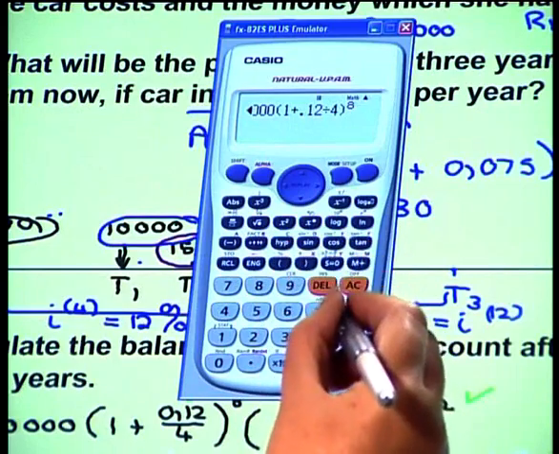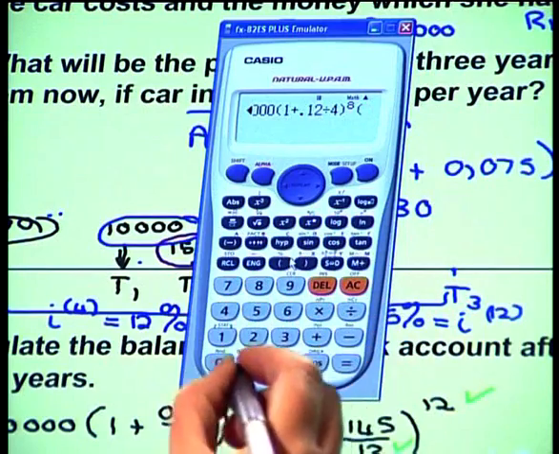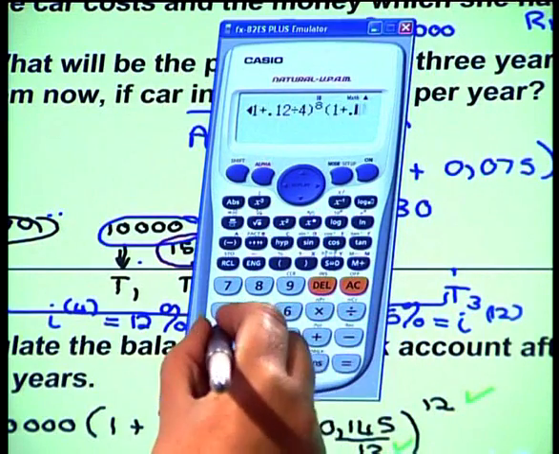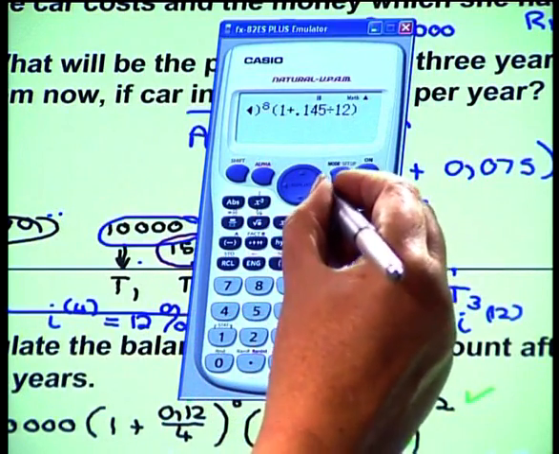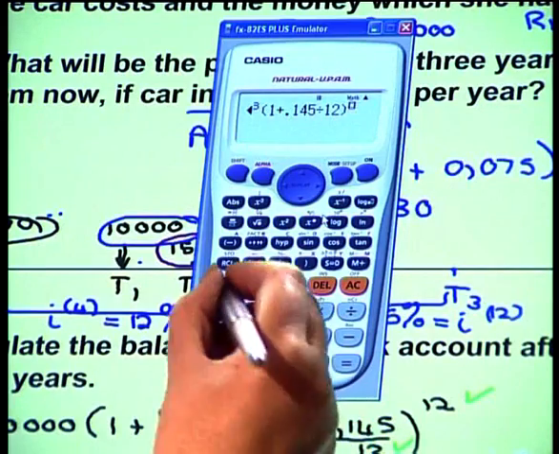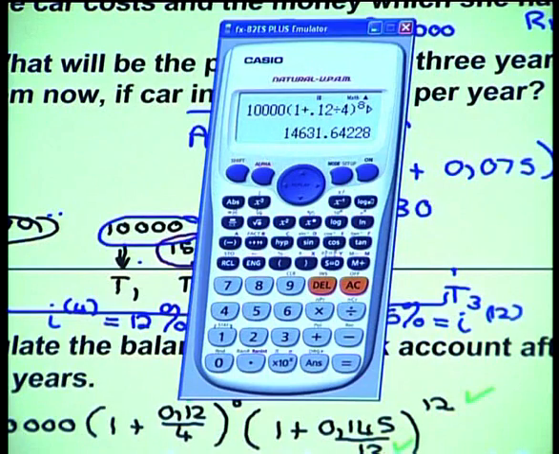And then I space bar down and go again, brackets, 1 plus 0.145, divide by 12, close the brackets, raise to the power 12. I'm going to press equals because you can see that we're going to get quite a long solution here.